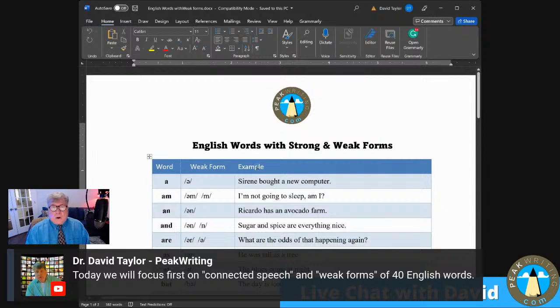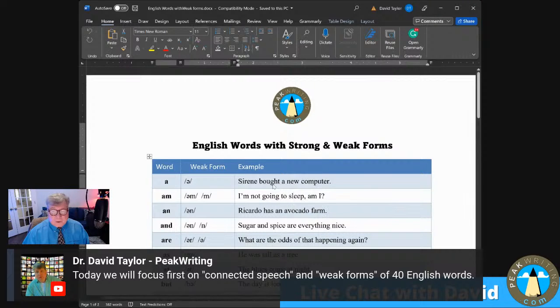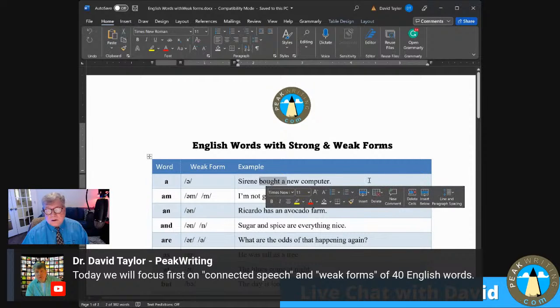So, what did Serene buy? Serene bought a new computer. This is a pattern that I want you to be aware of. There is a linking there between the content word and the grammar word.